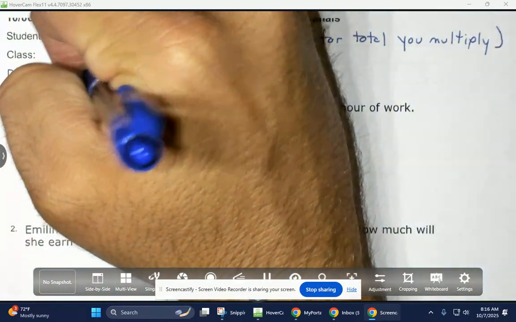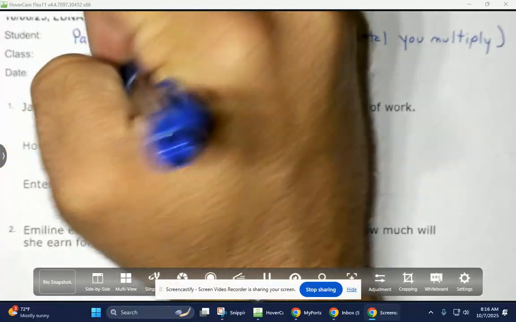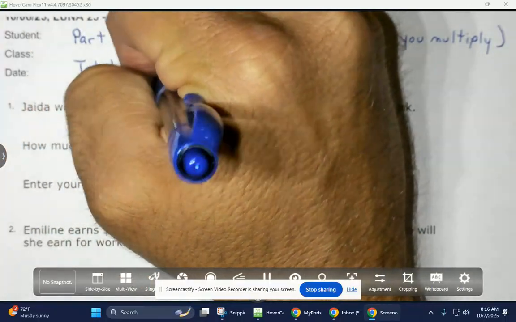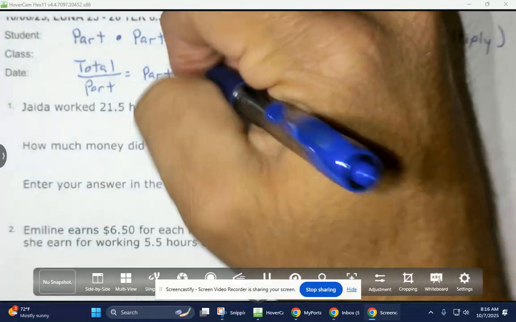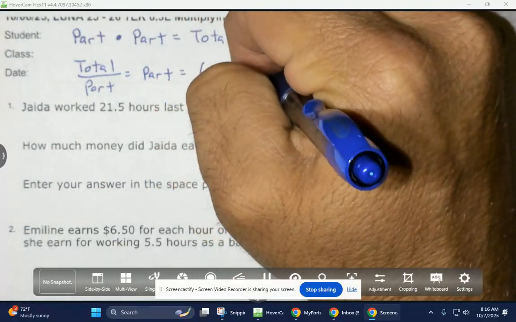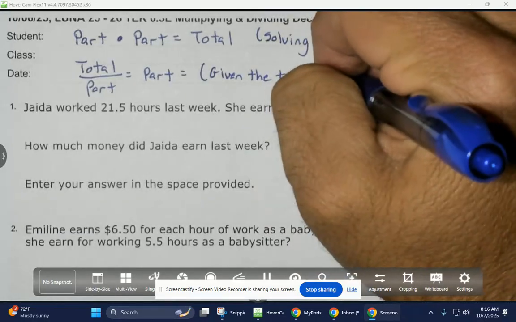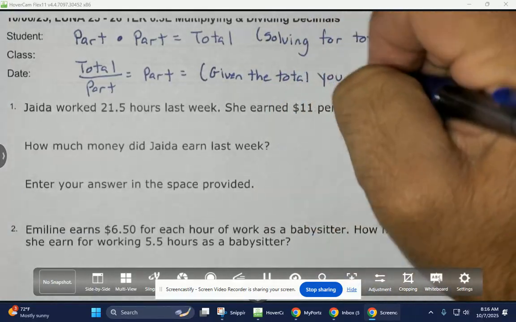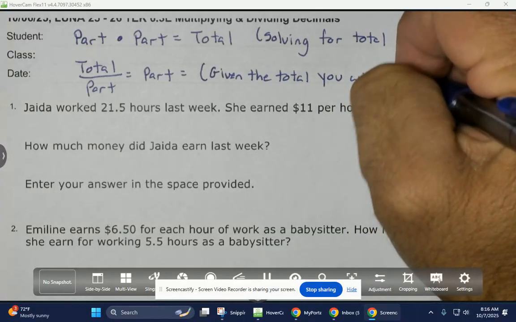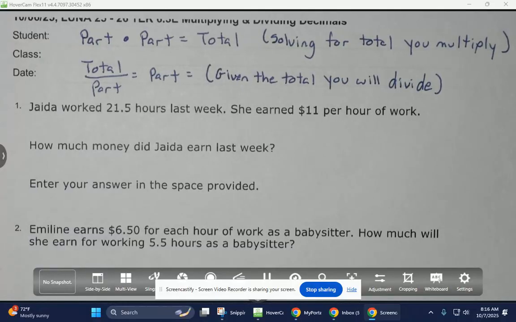So that would be your total over your part equals part. In other words, given the total, you will divide. Key things right there.